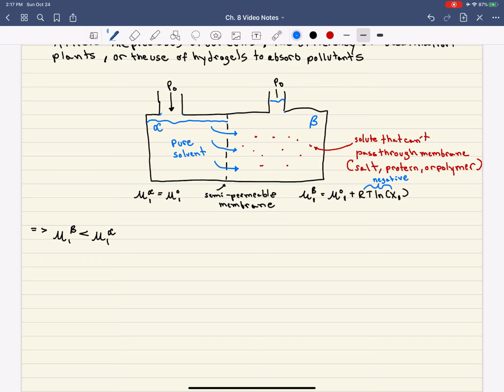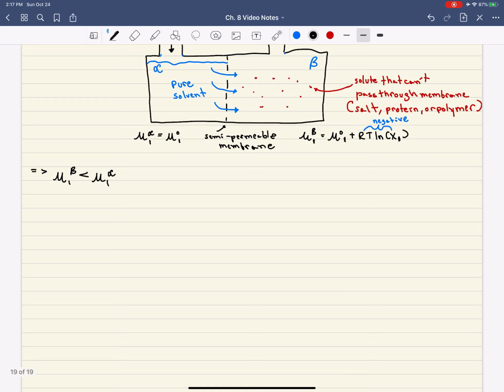Okay? Alright, and so because the chemical potential in the beta phase ends up being lower than the alpha phase one, we see solvent permeate, that is the word, permeate, into the beta side. Okay?